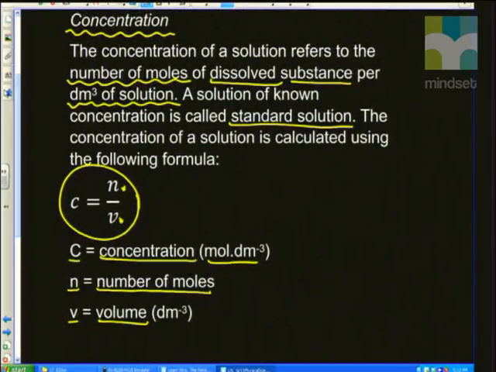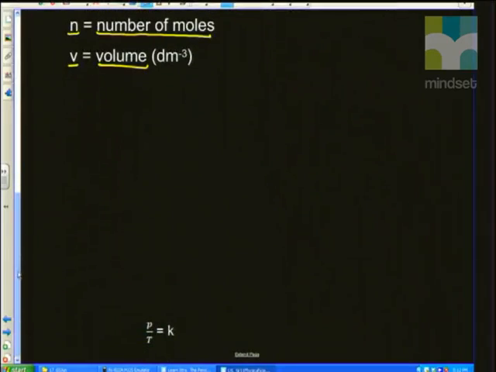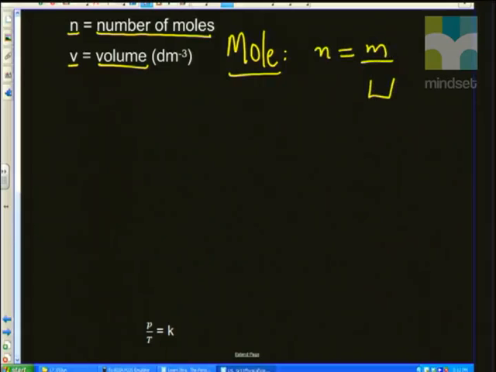So you would see here, we're talking a lot around moles. Let me just use this part here to link up something. Mole. We saw that from the given mass, number of moles will be equal to given mass over molar mass.